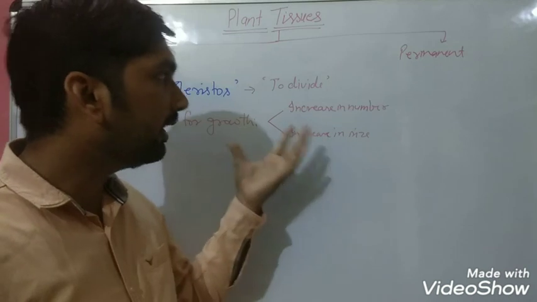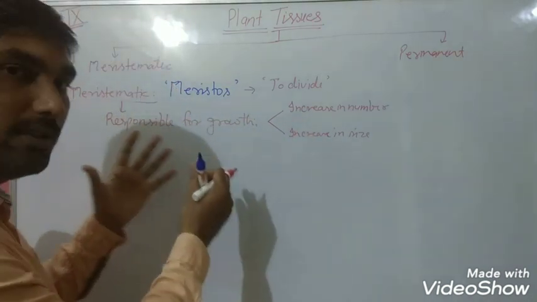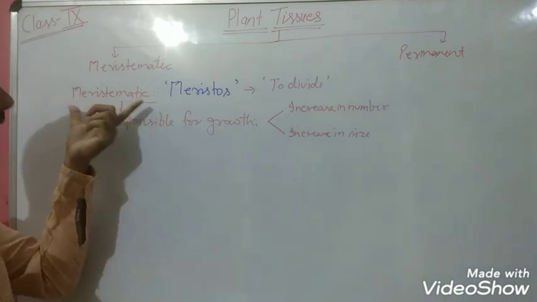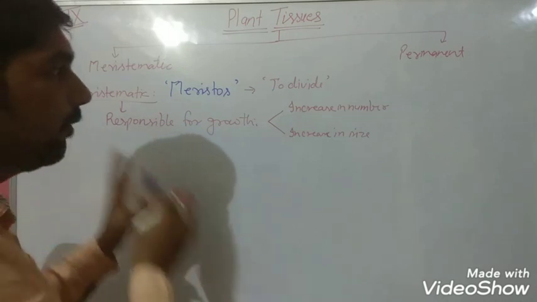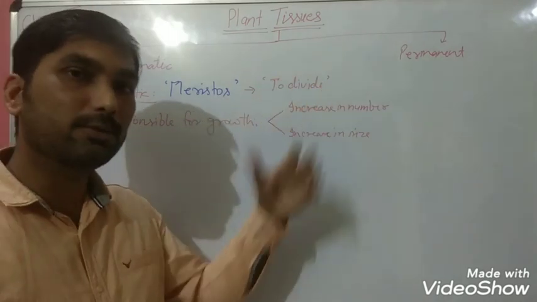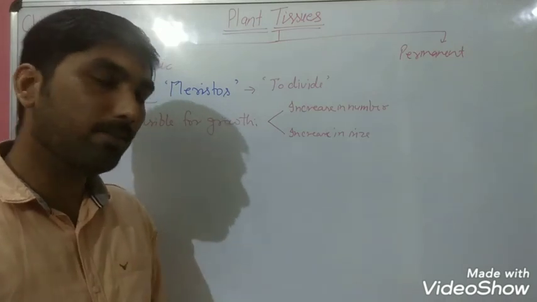Growth. So when we consider the growth in plants, this growth is brought by a specific tissue known as meristematic tissue, and their function is only to divide themselves so that new cells can be produced in the plant body.